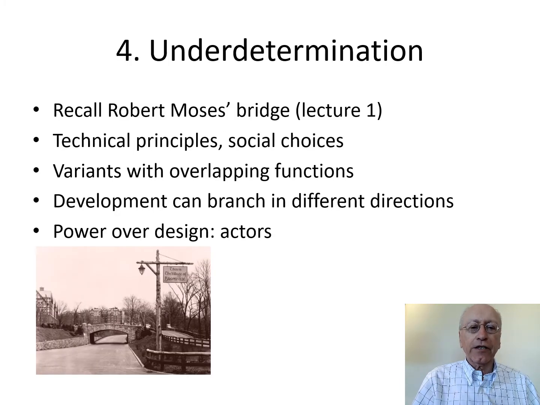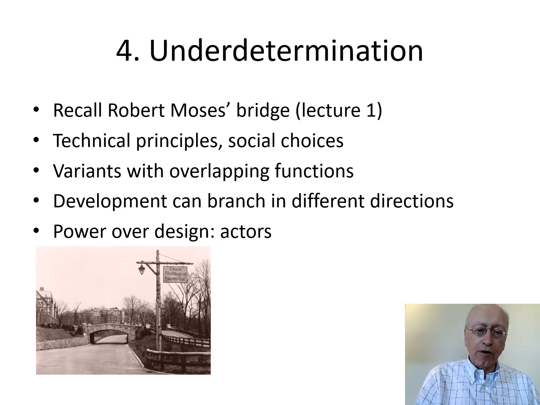First, underdetermination. Recall Robert Moses' bridge example from Lecture 1. Technical principles and social choices combine in the specification of a technological design. There are variants with overlapping functions. For example, in the case of the bridge, the variants would be different heights.